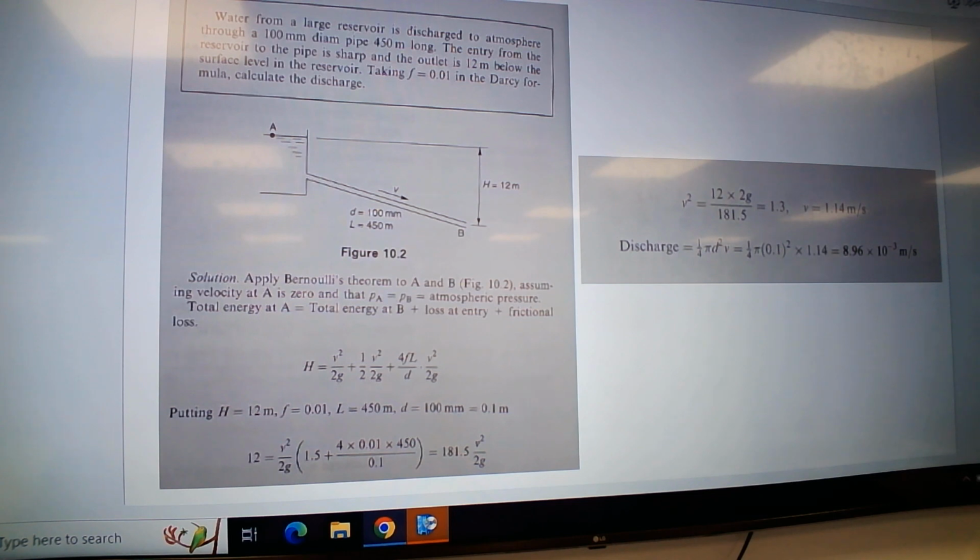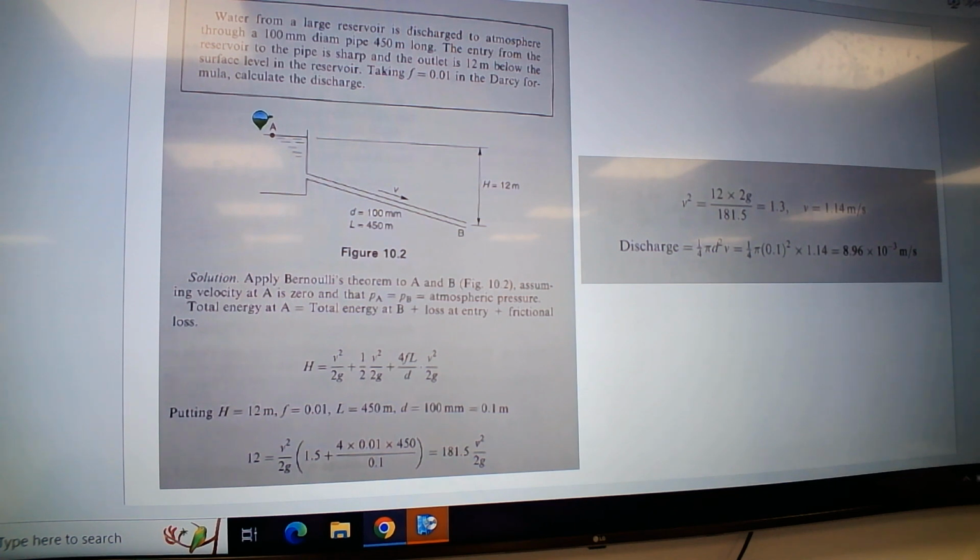Now we use the same formula for the head. The head is given as 12. So we apply the Bernoulli's equation to the point A, which is here, and to the point B, which is here. Now at A, the velocity is 0. It's not moving.